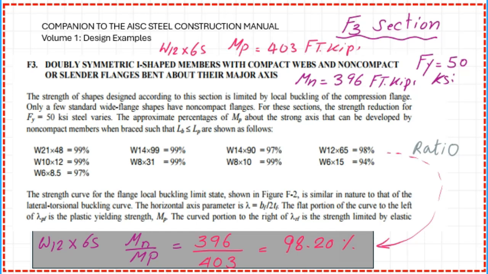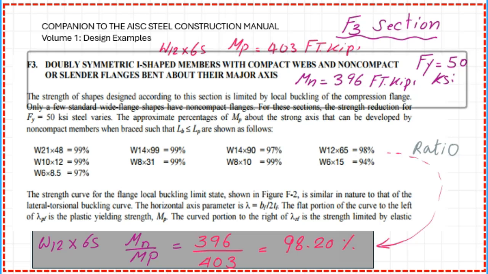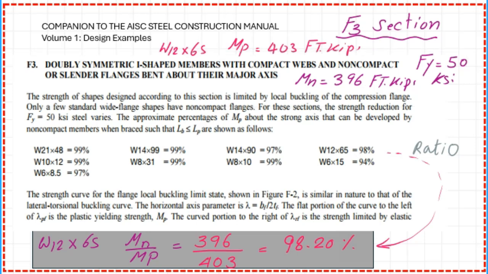In the next slide, we will refer to F3 section, which covers doubly symmetrical I-shaped members with compact webs and non-compact flanges bent about their major axis. This is precisely our case, since the flange for W12 by 65 is non-compact while the web is compact. Only a few standard wide flange shapes have non-compact sections.